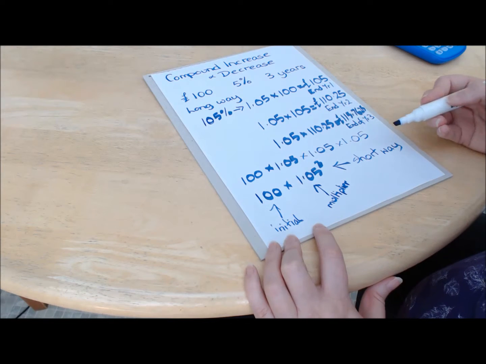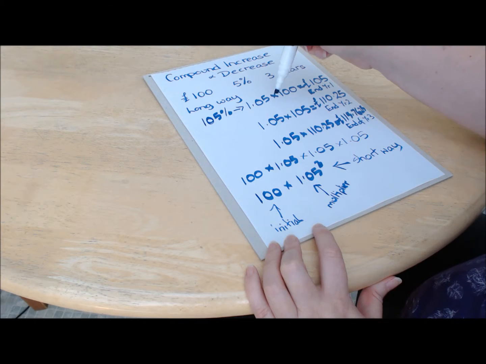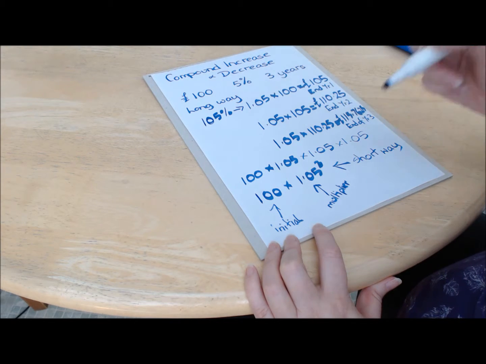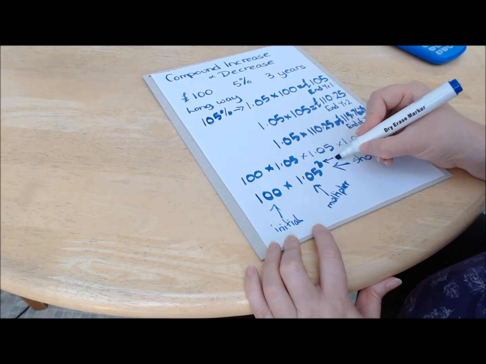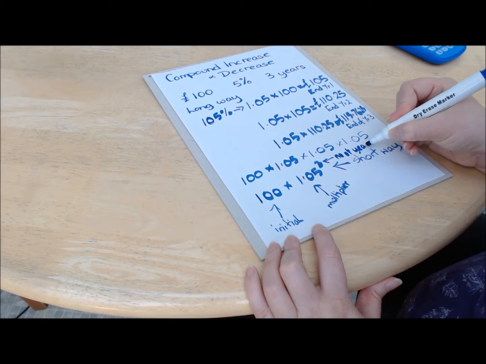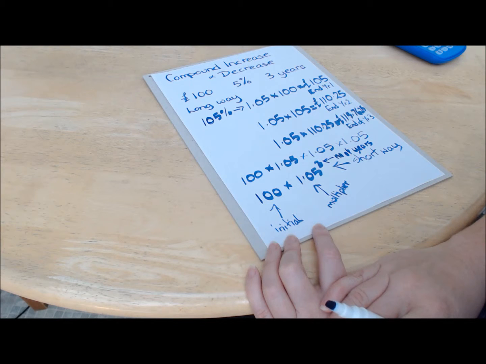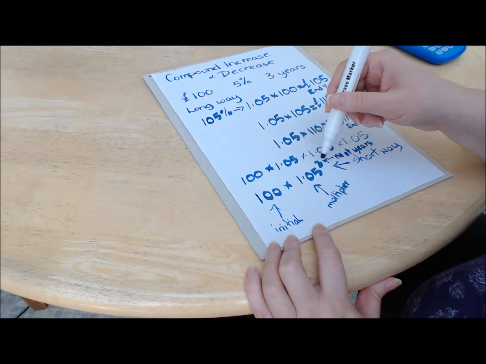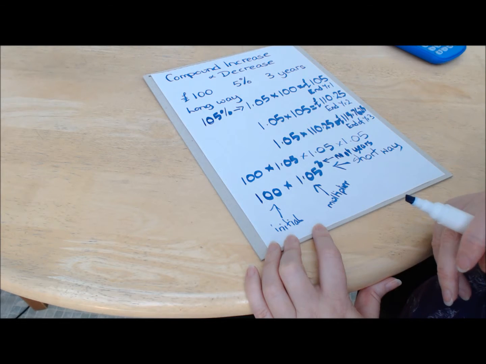And we got that by adding the percentage onto 100% and turning it into a decimal. And then this up here, the indices, is the number of years in this case. Sometimes it's some other kind of time period. It might be hours or days or whatever it is, but it's going to be some form of time that you're going to use up here.